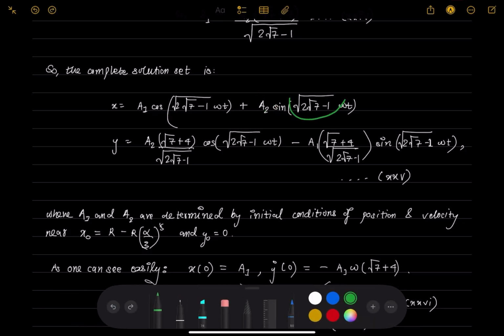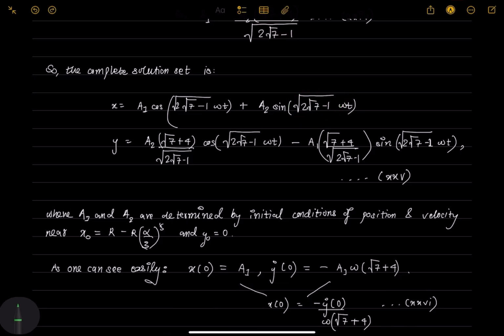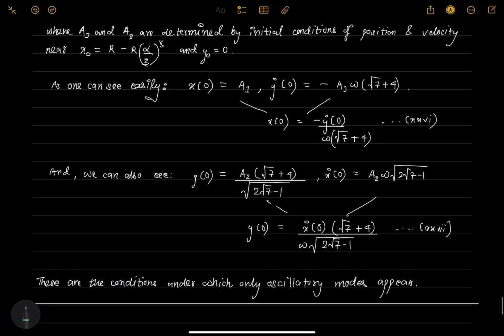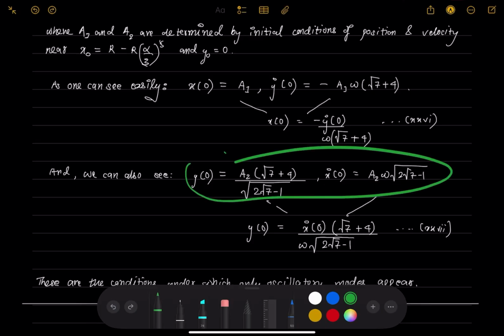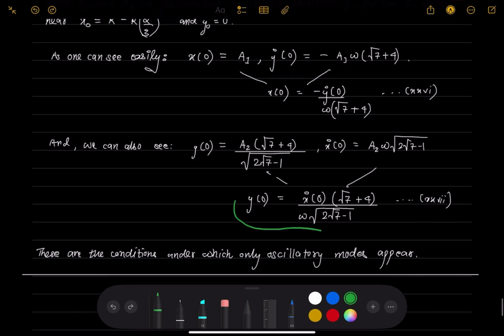This factor pops out after the differentiation. So we obtain the initial velocity along the x direction at time t equals 0 in terms of A2 as well. And since equating A2 from these two equations, you basically obtain the fact that the initial deviation in y also has to be related with the initial velocity in x by this equation.